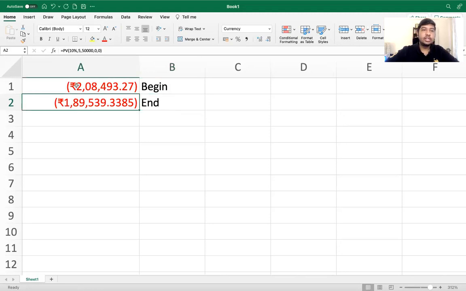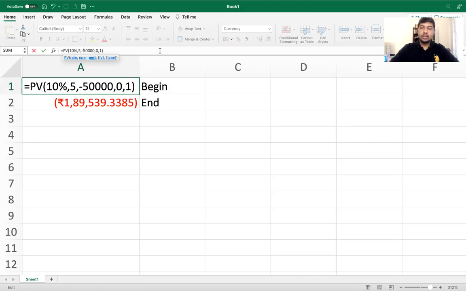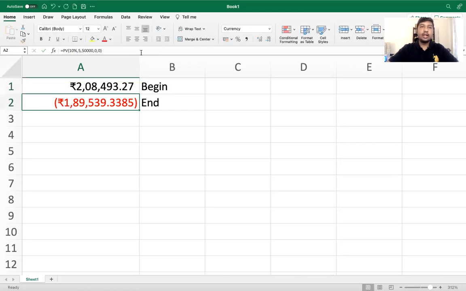Okay. The reason you're seeing a red color number is because this is negative. So what I simply do, if I don't want the negative number practically, because if you're presenting this in front of the client, they might not understand the negative and the positive side of the cash flow. So whatever is the PMT, I just keep it as minus. When I do that, a negative number changes into positive. This is from a practical perspective.